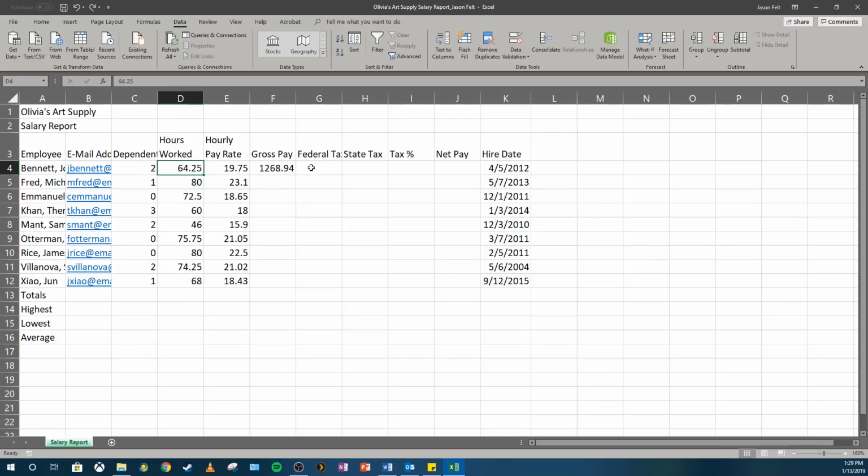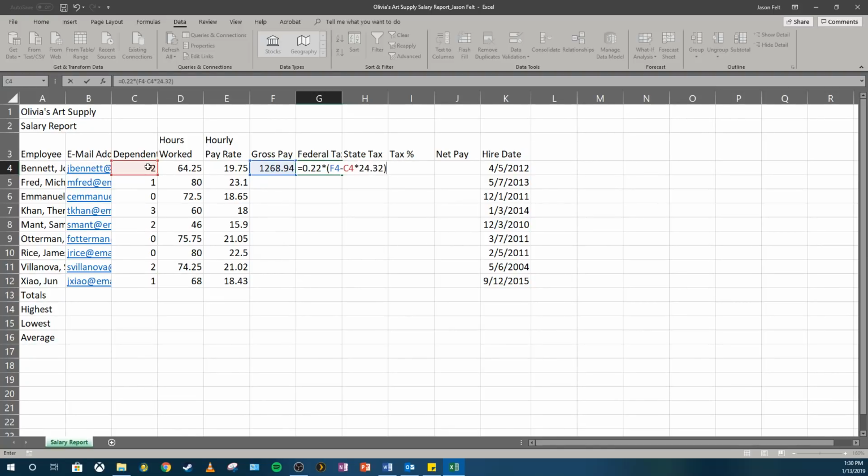Okay, so now with G4 selected, we're going to do equals 0.22 times parentheses. Now we are going to reference our gross pay, which is F4. So whatever we calculated, that's why it's very important we get our formulas right, minus dependents, and then shift 8, 24.32.